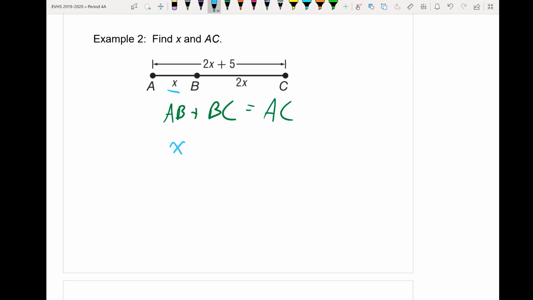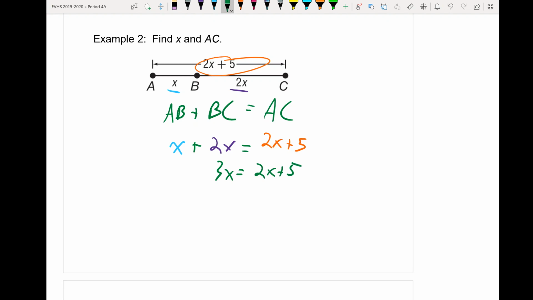AB is X plus BC is 2X equals AC is 2X plus 5. All right, simplify like terms or combine like terms on the left gives me 3X equals 2X plus 5.